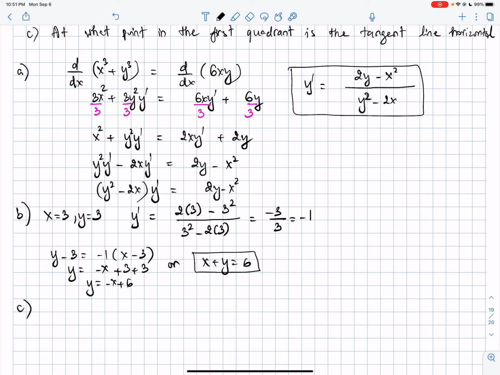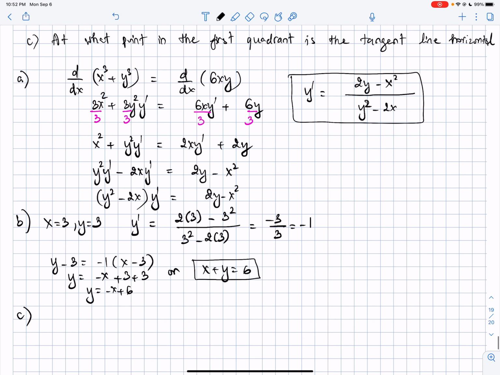Then in part C, the problem asks us at what point in the first quadrant is the tangent line horizontal. The tangent line is horizontal when the slope equals 0, that means y prime equals 0. That means 2y minus x squared over y squared minus 2x equals 0.